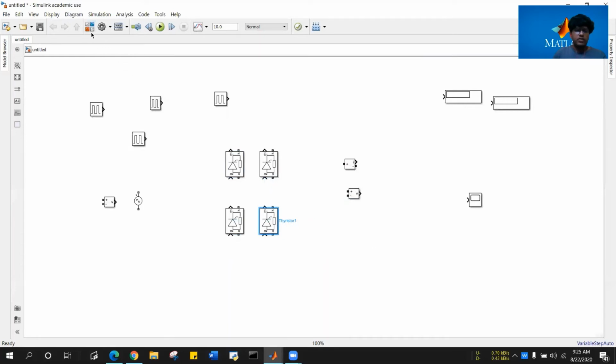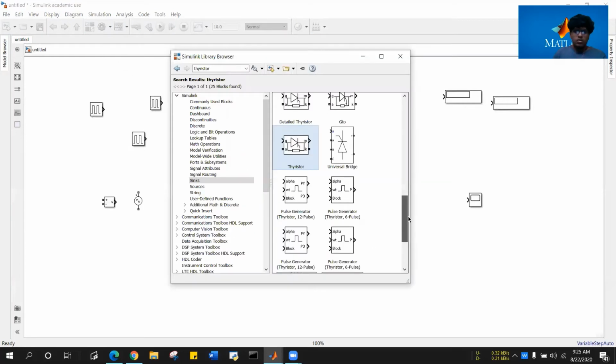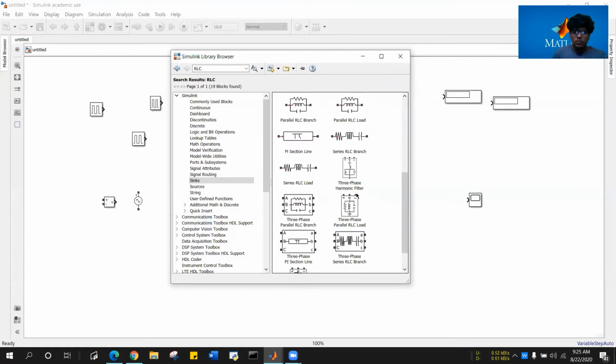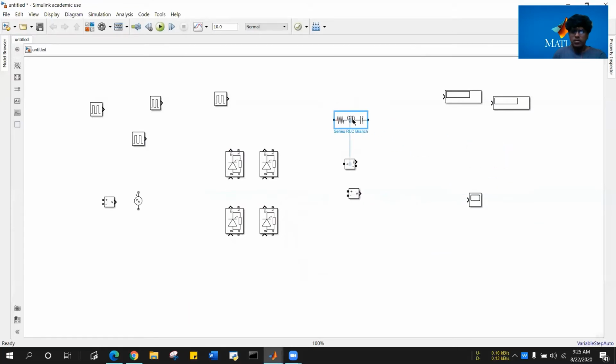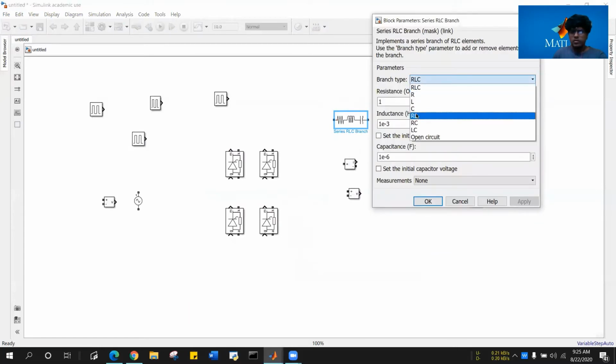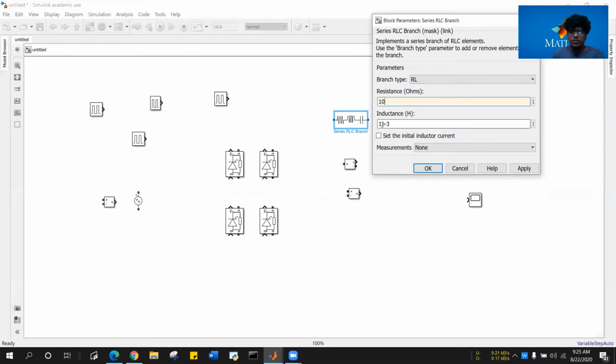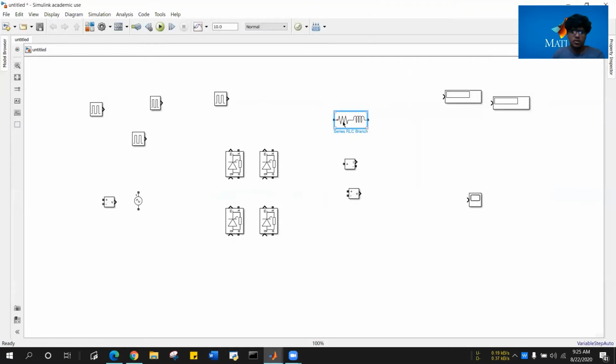So I'll be doing it for an RL load. So I have my RLC branch, the RL load, and now we can start with the connections.